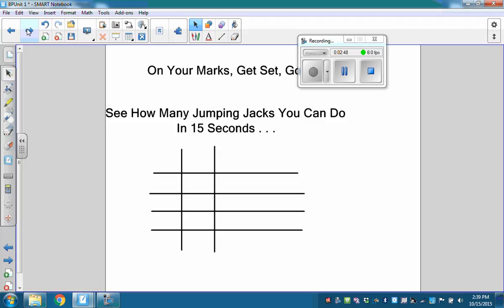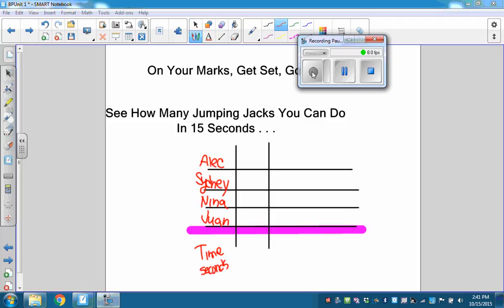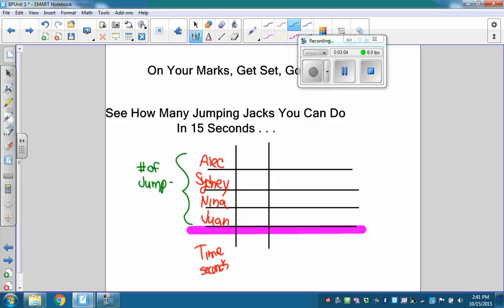I want you to get up. I was watching some of your jump ropes, so jumping jacks. Alec, tell me how many jumping jacks you got. 24. And Sydney? 29. And Nina? 24. Riley, how about you?